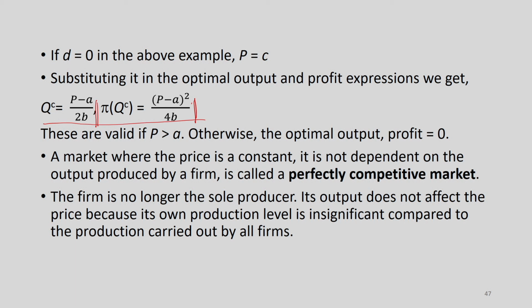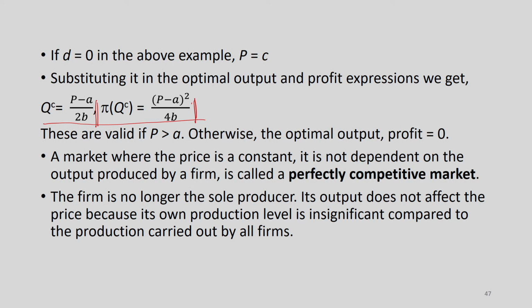Now, what was the reason of taking this particular case of D equal to 0? A market where the price is constant, it is not dependent on the output produced by a firm, is called a perfectly competitive market. The firm is no longer the sole producer. That is the difference that has to be pointed out. This is the case where you have multiple firms.